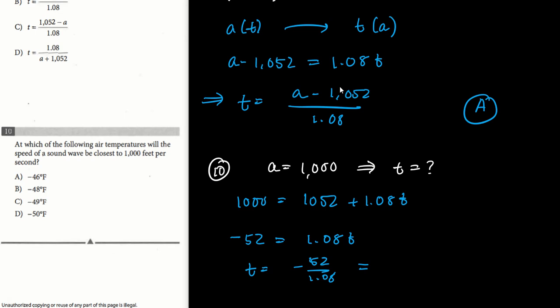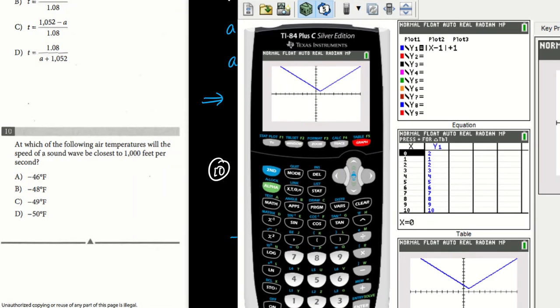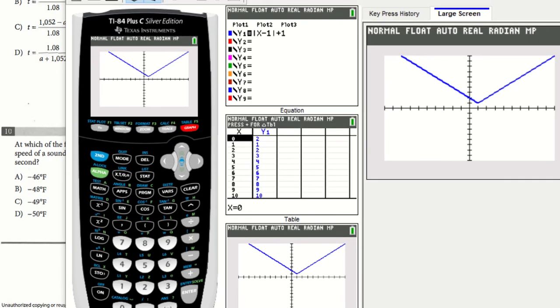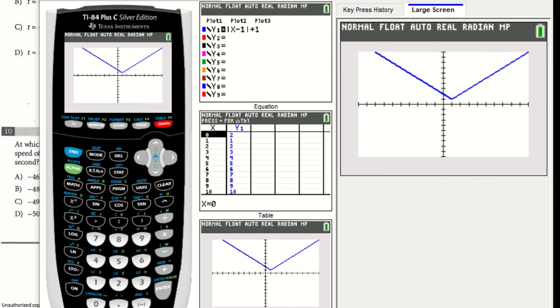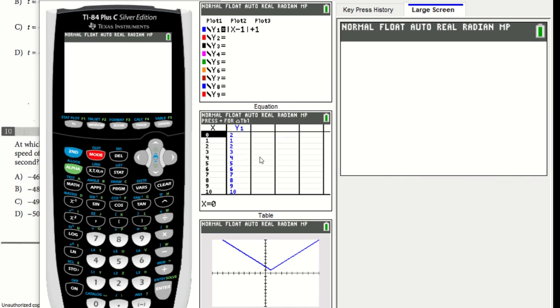So that is equal to approximately, and now let's bring our calculator back onto the screen. We should use negative 52 divided by 1.08.